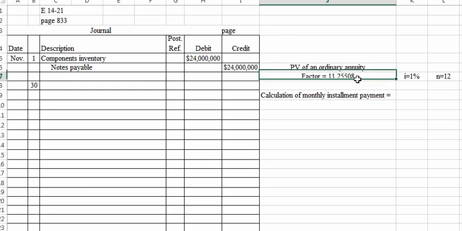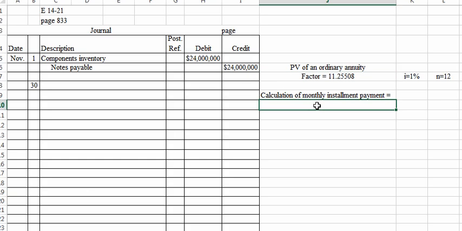Okay, now we're going to take this factor, the 11.25508, and we're going to divide that into the amount of the note, the $24 million.